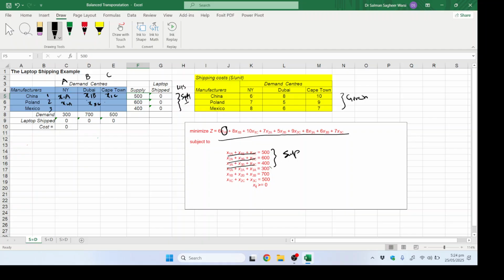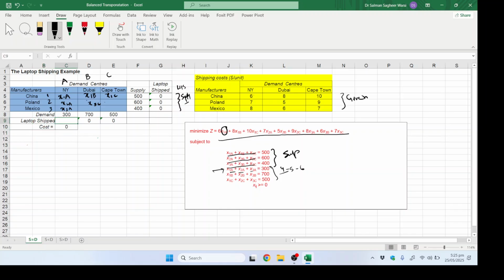Now look at the demand constraints. The first constraint tells us that x1a plus x2a plus x3a. We know this is x1a, x2a, and this is x3a.